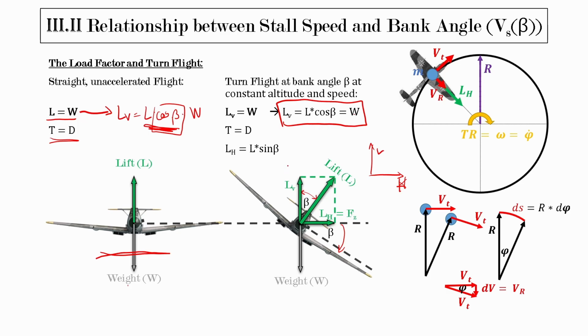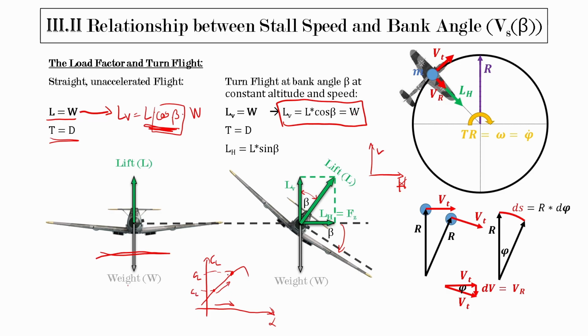Now, how do we increase that lift force, which is necessary, as we've established? Well, we've looked at our alpha CL diagram, and we've established that if we increase our alpha, we walk up this path, and we then increase our CL.